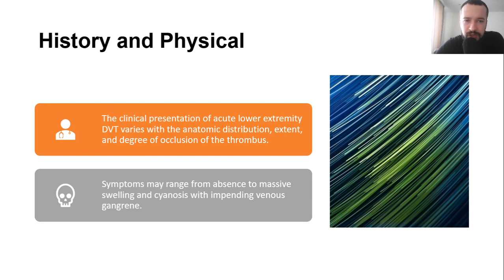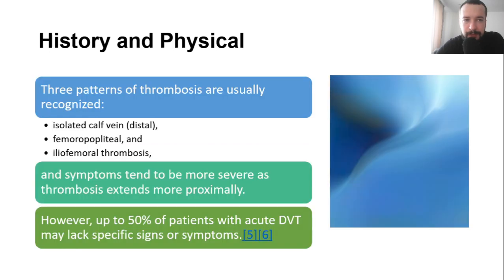The clinical presentation of acute lower extremity DVT varies with the anatomic distribution, extent and degree of occlusion of the thrombus. Symptoms may range from absence to massive swelling and cyanosis with impending venous gangrene.